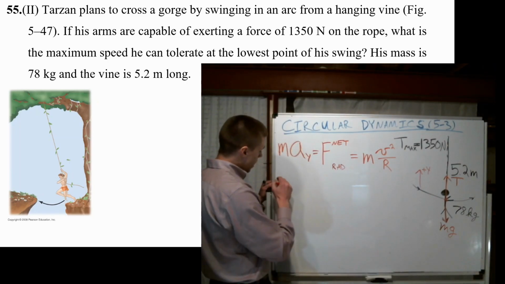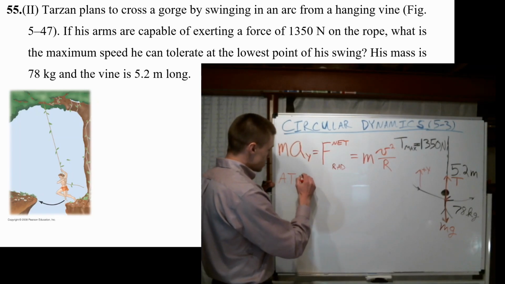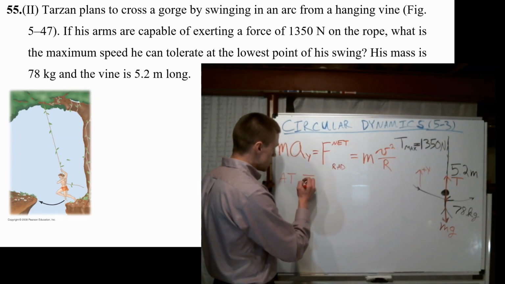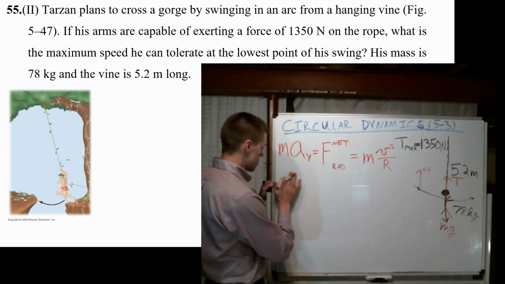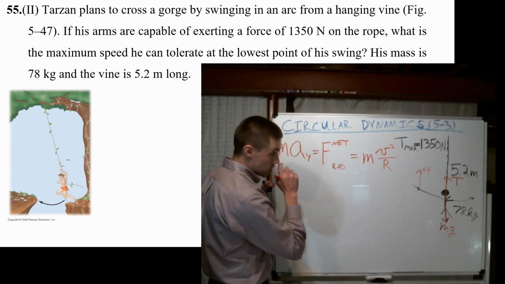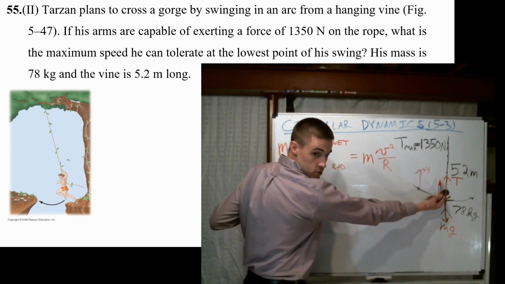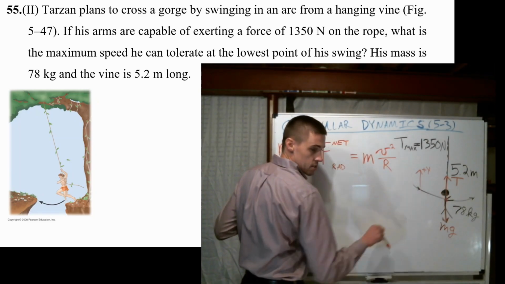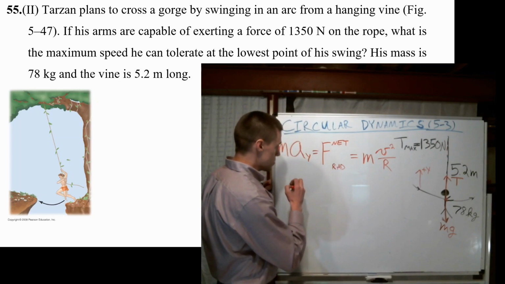All right, now before we talk about that, let's say, okay, so the F net in the radial direction is going to be the tension force going up and the weight going down. Those are the two things that contribute.